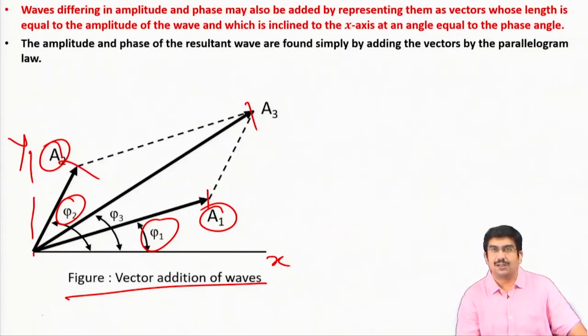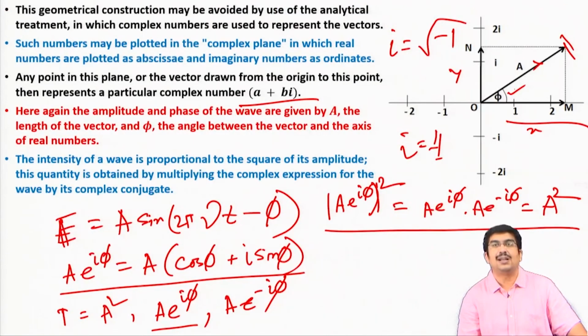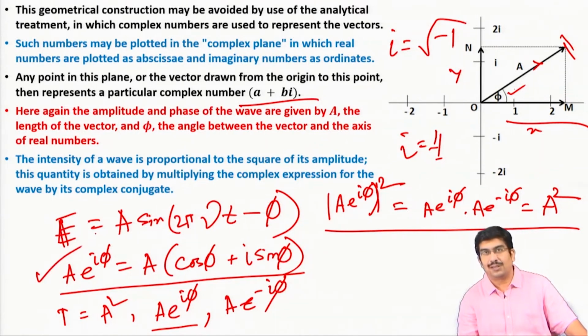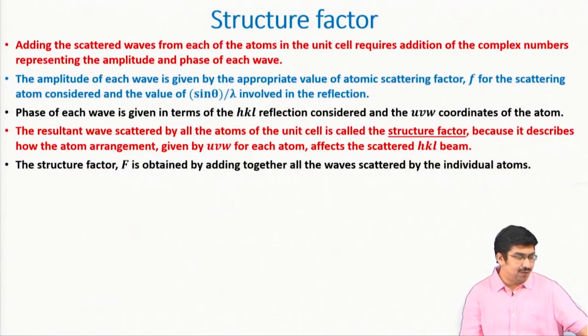We can represent them as vectors here, and then find out the resultant vector using the parallelogram law. Or the simplest way of doing it is by imagining them as complex numbers in the complex plane, and then try to see how they sum up. So, that is exactly what we are trying to do here.